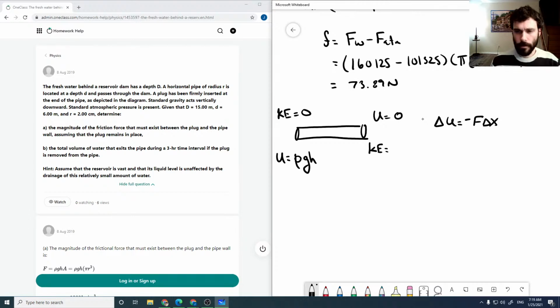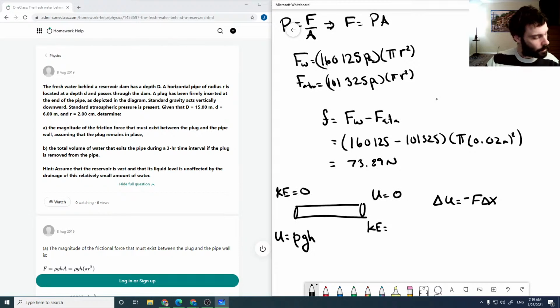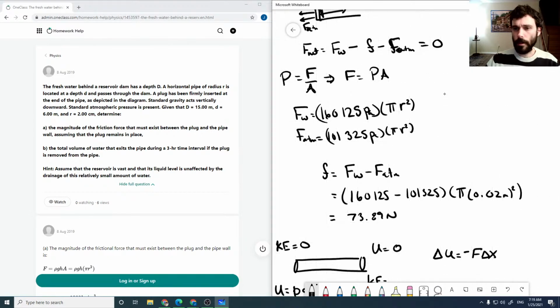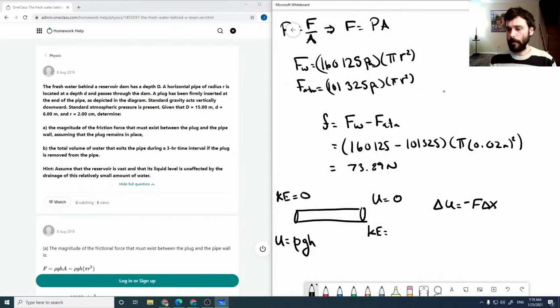Our force without our friction is, if we look above, just our force of our water minus our atmospheric force.